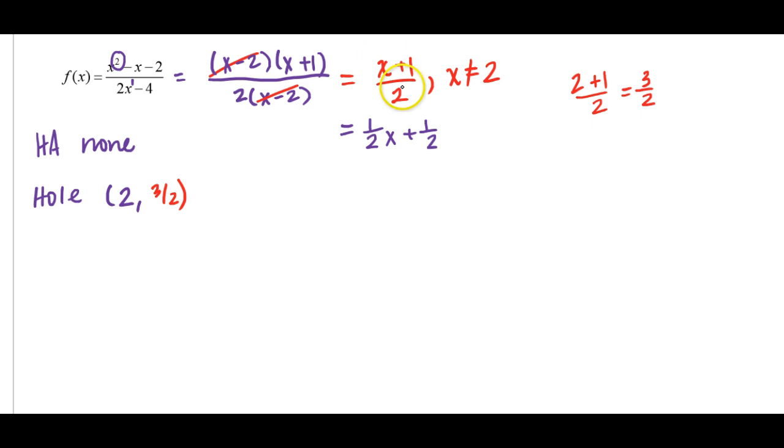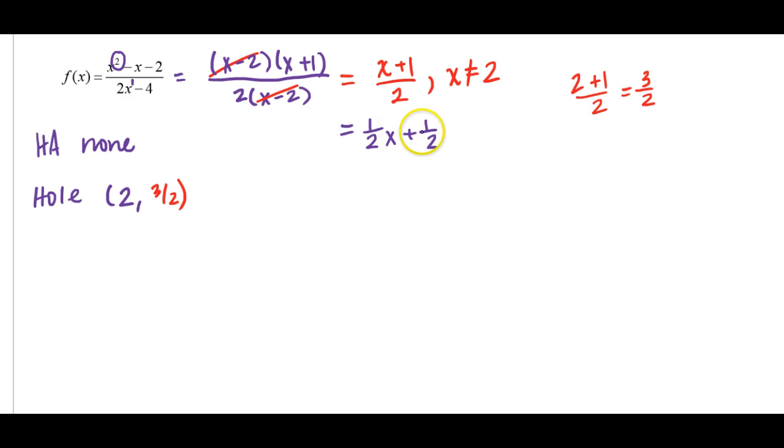So I took x over 2 plus 1 over 2, and then I rewrote x over 2 as 1/2 x. So this is now a linear function. So in a linear function, there are no vertical asymptotes. But there is going to be this hole in the graph that we found because it was a linear function, but it was really this original rational function that has a hole.